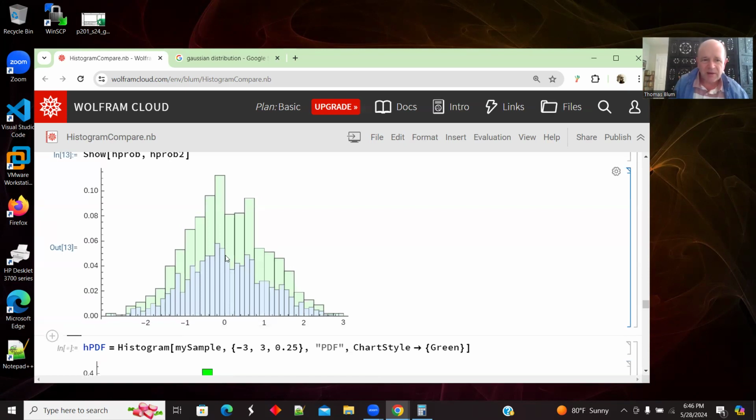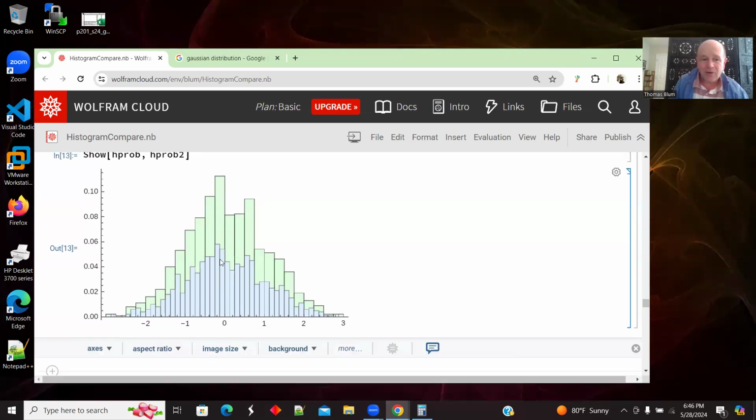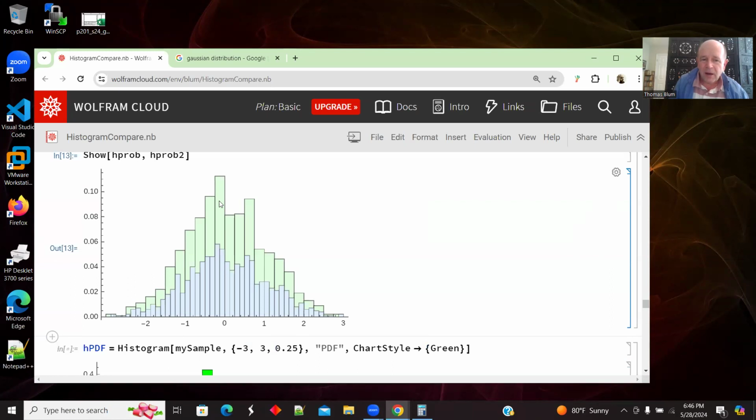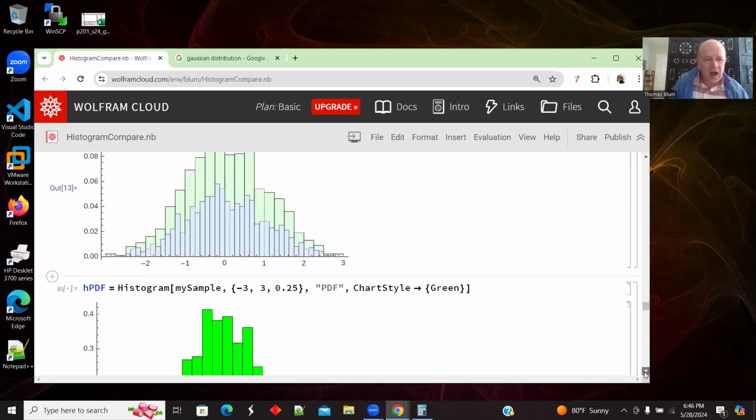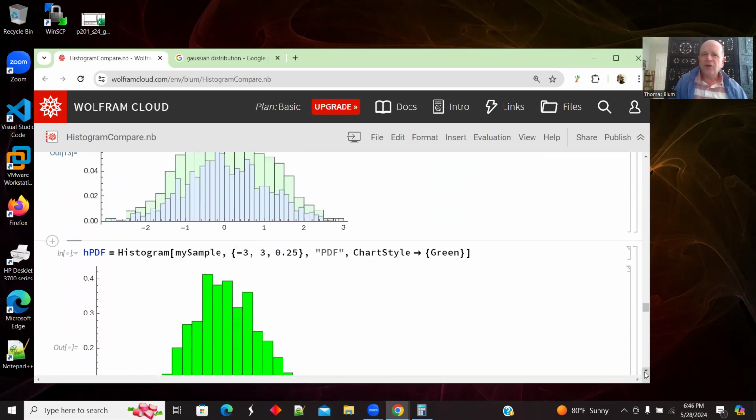So these are roughly half the height, or this one bar is divided into two bars.